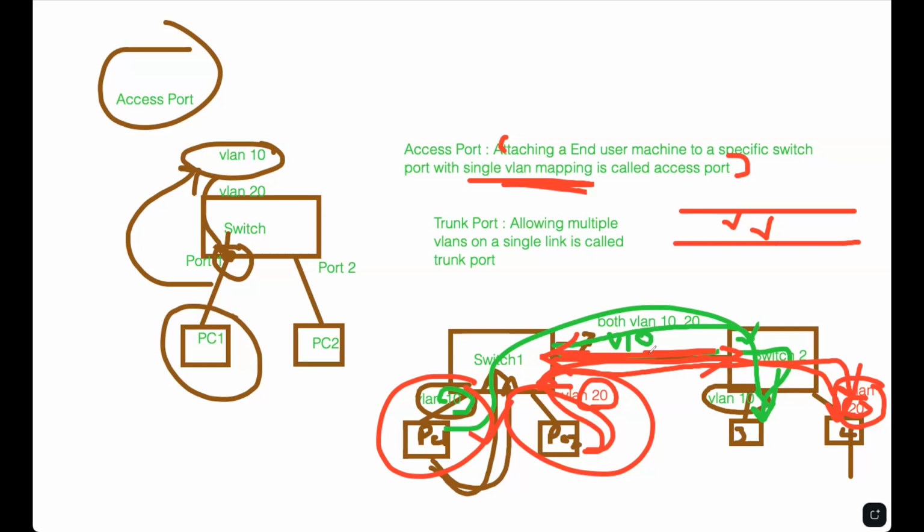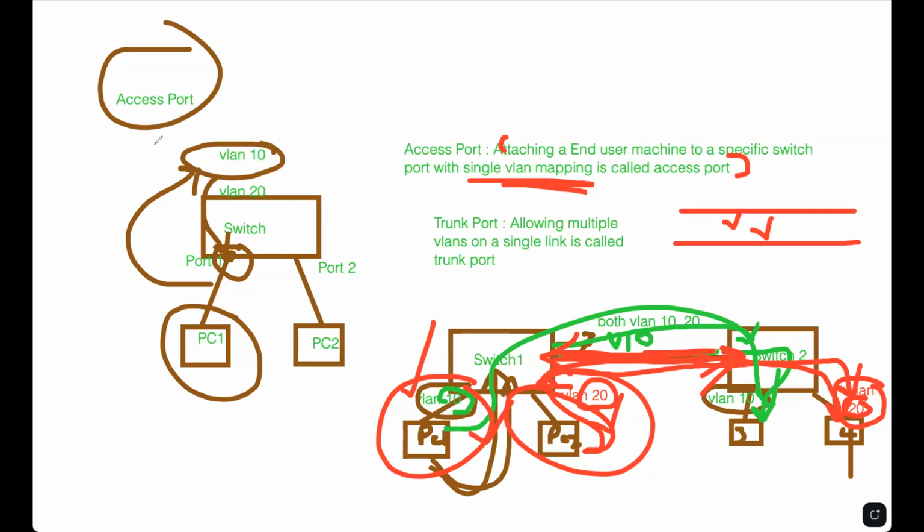So here, this might be a single link, but inside that we are sending VLAN 10 and VLAN 20. That is called the encapsulation technique that we are using to send the data, which can be either VLAN 10 or VLAN 20. That is differentiated using the marking value. So that is the concept of trunking, where we allow multiple VLANs on a single link.